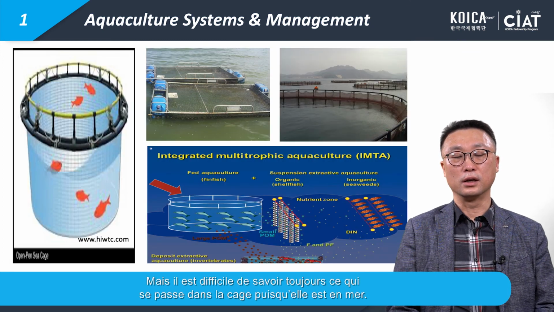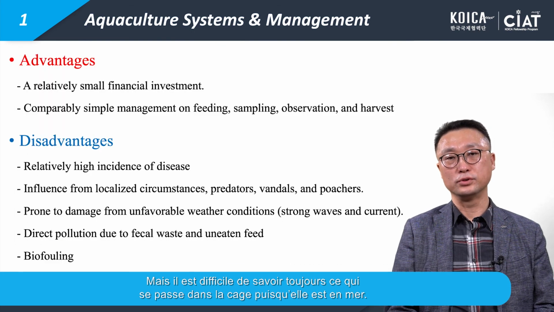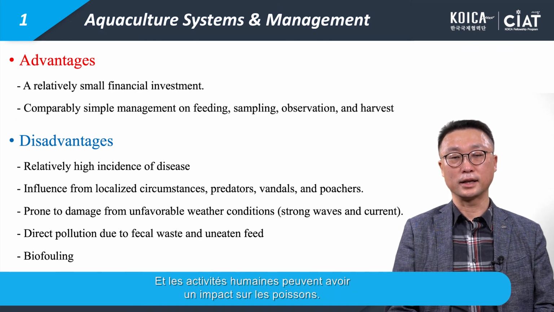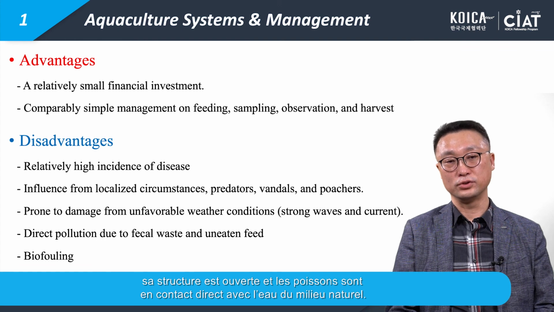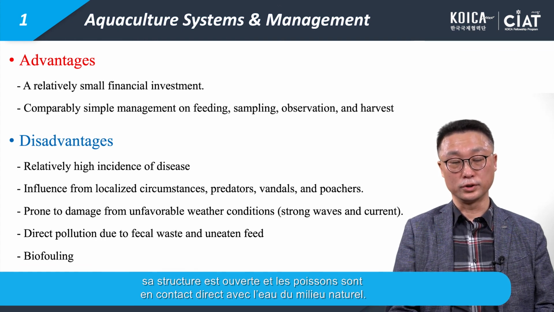However, it is open to water, so sometimes you don't know what's going on on land. Some of the effluent from the land can affect your fish in the cage, because, like I said, it is open water.